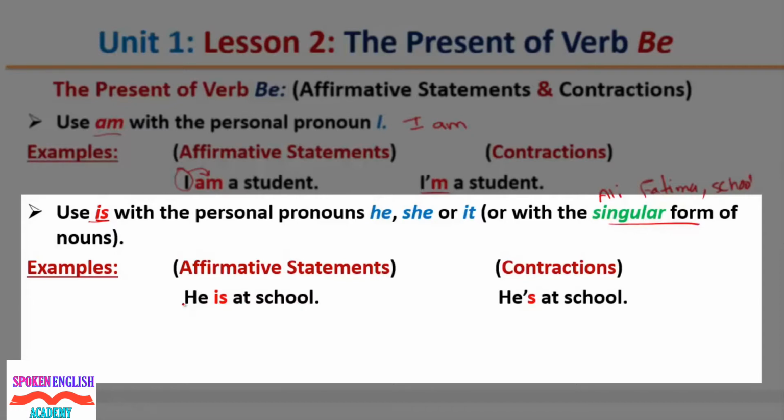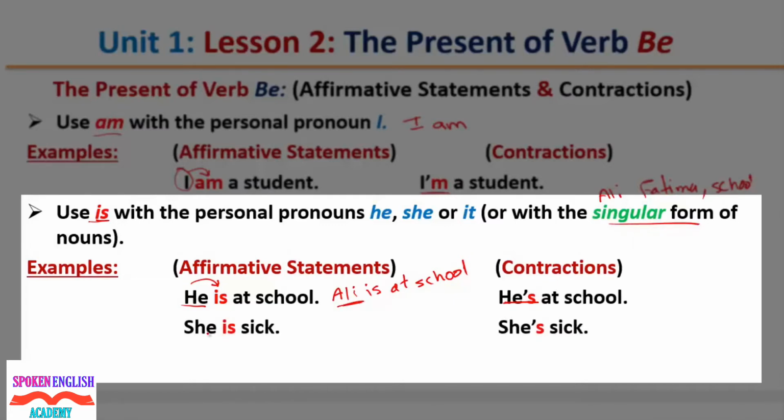So notice here that with the pronoun he, we use the verb is. The contracted form, he's at school. Now notice that instead of the pronoun he, we can use a singular noun. For example, we can say Ali is at school. So we use the verb is either with a pronoun or a singular noun.